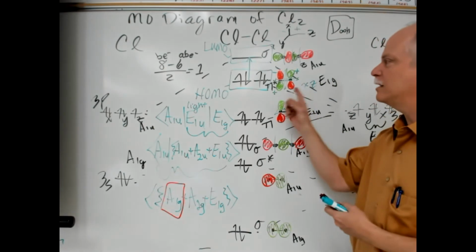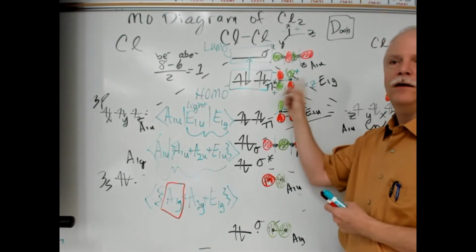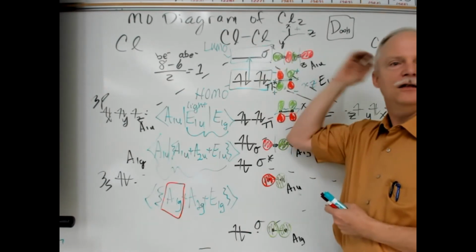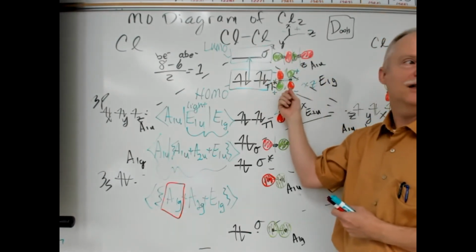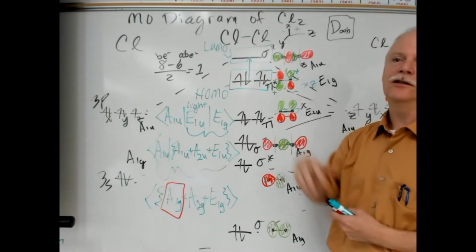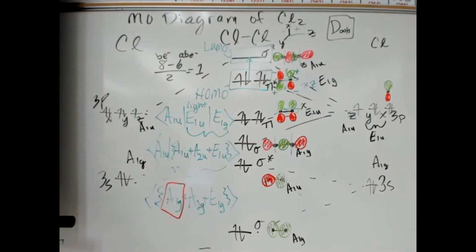So Z-polarized light could come in, and it really wouldn't interact with this orbital. So it could not cause that transition. But X or Y polarized light could come in and cancel the X or Y nature of this and cause the transition. Okay. So let's look at some of the more complicated ones since we're about halfway through.